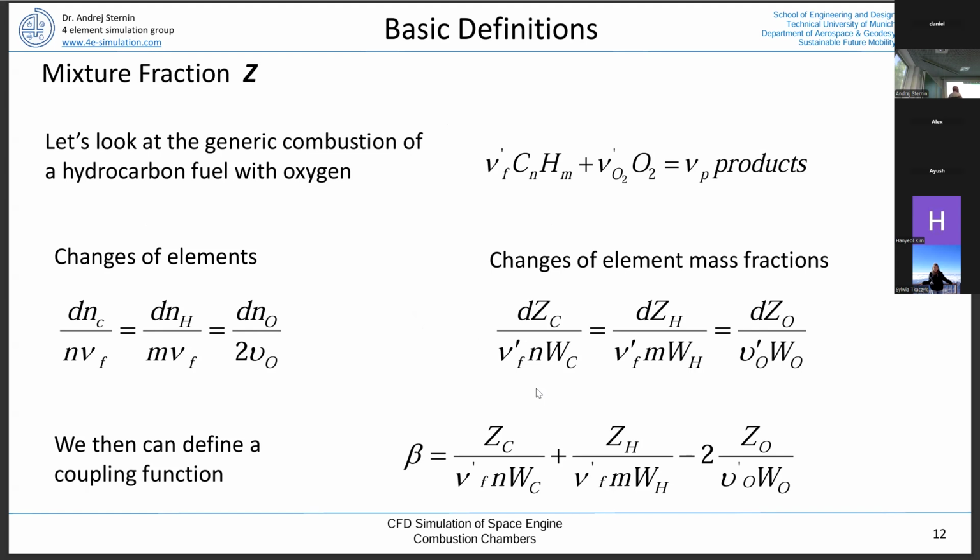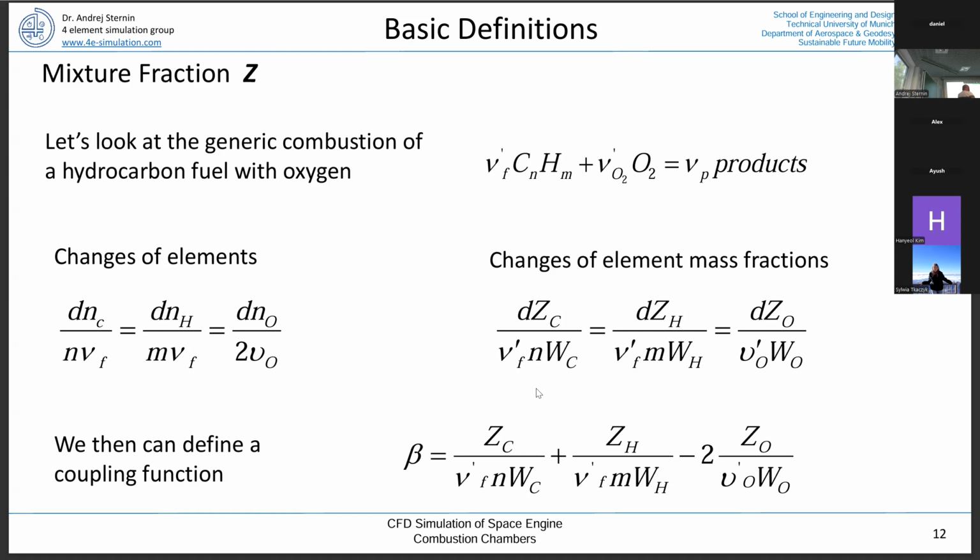So that's in principle the methane hydrocarbon fuel. In order to make it simple, we have the stoichiometric coefficient of the fuel, the stoichiometric coefficient of the oxidizer, and then simply just the products. So we set in that original, we have X, the mole fraction, capital Y mass fraction, capital Z the element mass fraction.